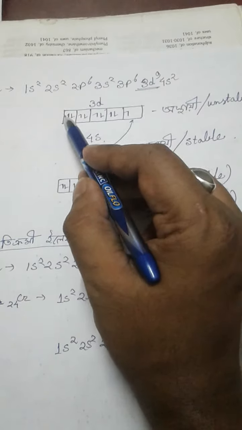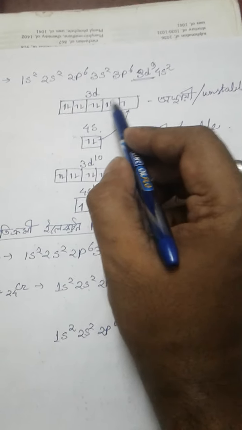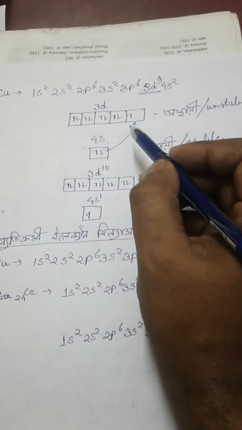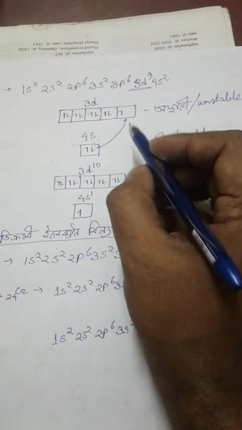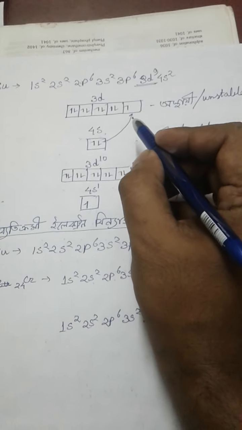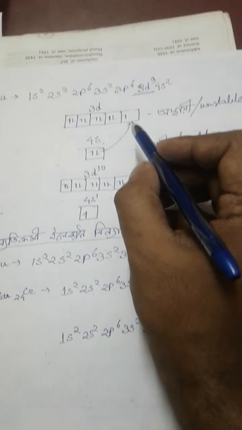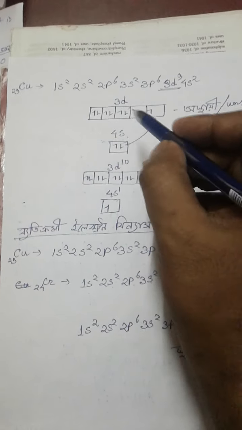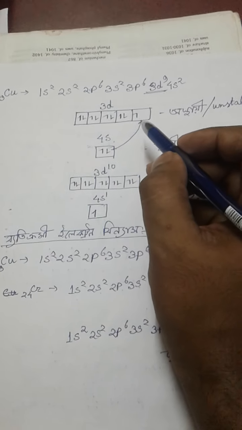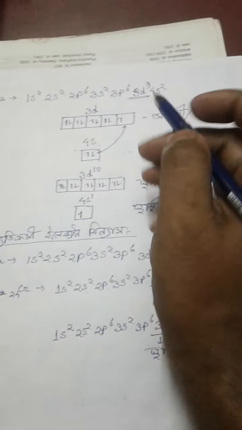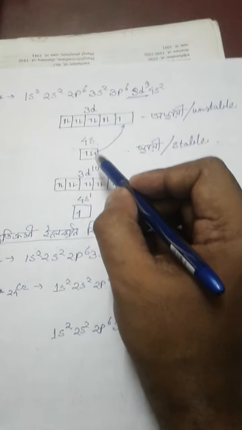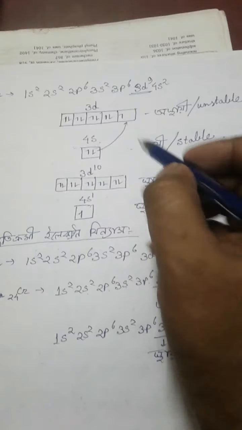But when the d orbital has 9 electrons, it is unstable, because if the d orbital has 10 electrons or 5 electrons, it gets maximum stability. When it has 9 electrons, its stability is lower, so it is unstable. But in 4s a maximum of 2 electrons can be present, so when it has 2 electrons, it is stable.